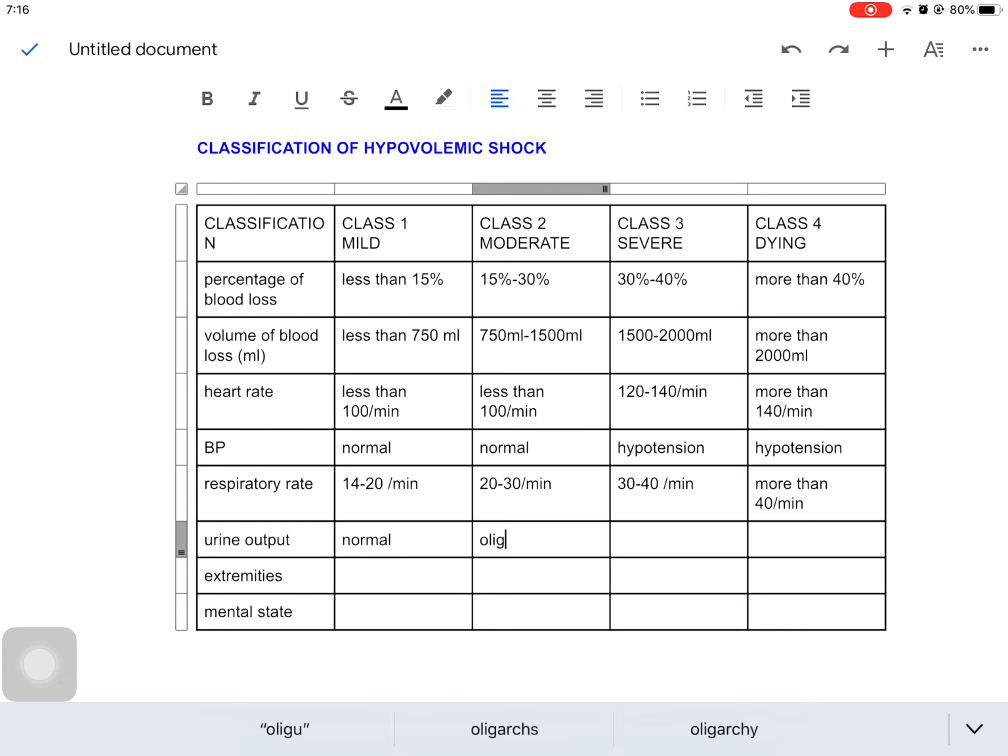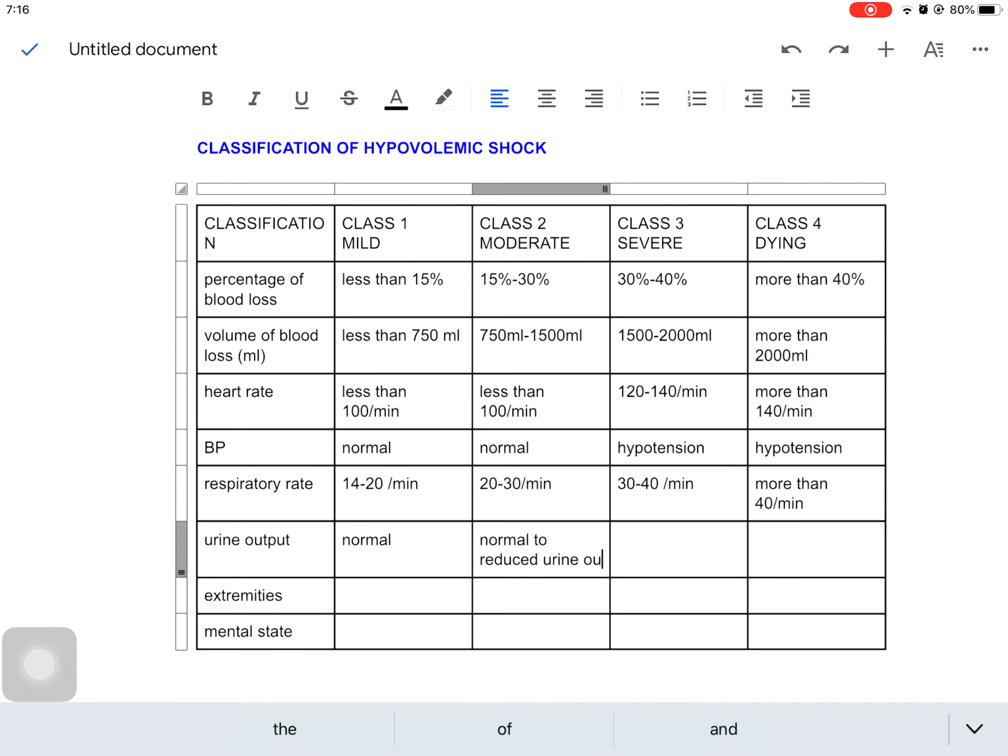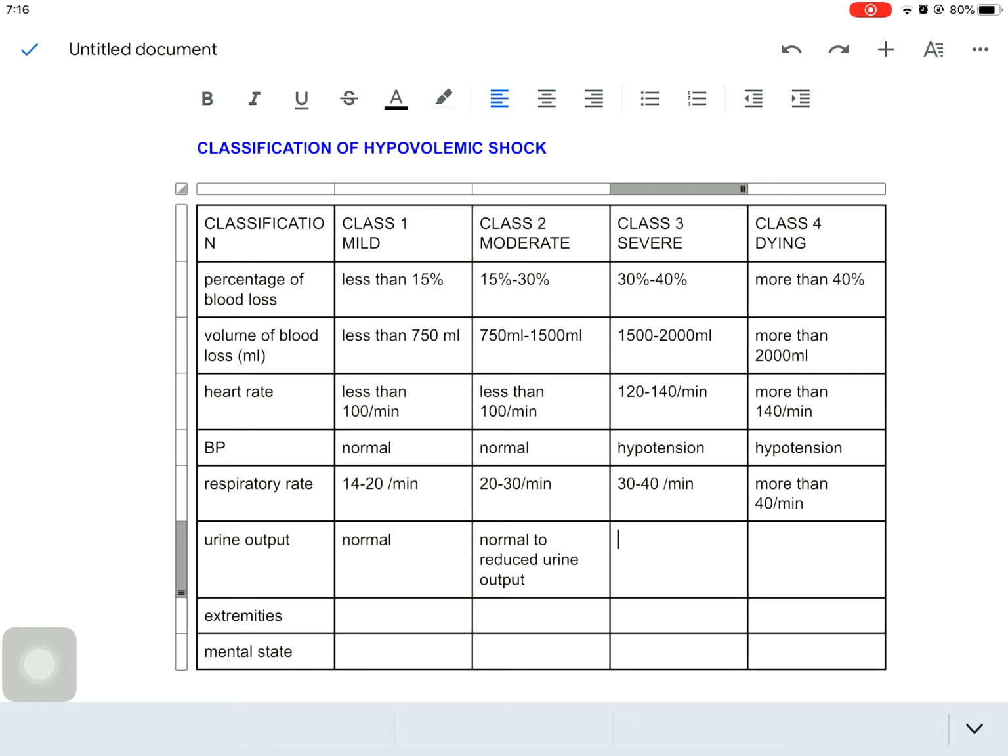For class 2, usually the urine output is not reduced, or only slightly reduced. For class 3, usually they have reduced urine output. And for class 4, usually they don't have any urine output, which we call anuria.